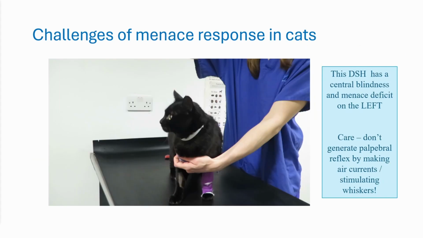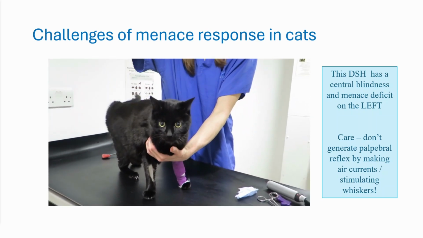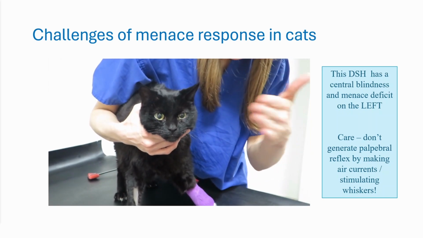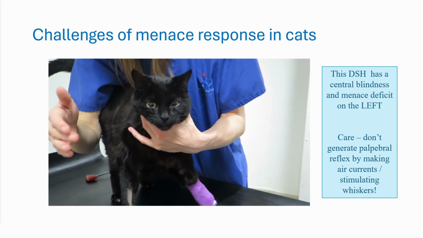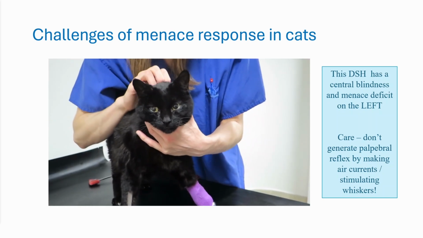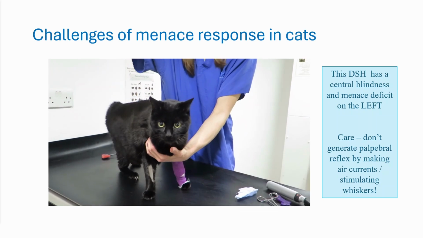Doing a Menace response in a cat can be quite challenging. Look at this cat. This cat has central blindness and a Menace deficit on the left. But when the operator flaps her hand in front of the cat, then it looks like there is a Menace response. Watch again. So the cat is blind on the left, no response there.